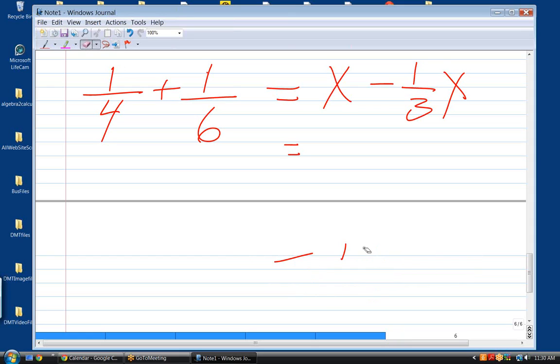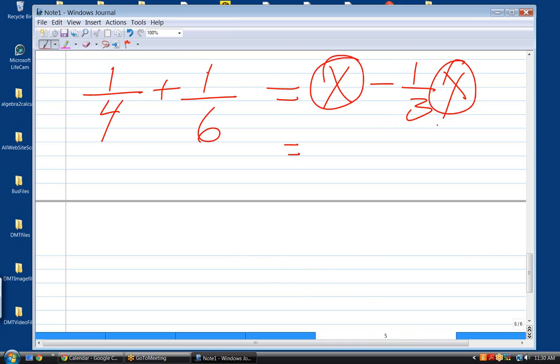However, let's do it the algebraic way. That's x and that's x, so I can definitely add or subtract these things. But how do I have to do it? How do you add fractions and whole numbers? Would you just put a 1 underneath each side?